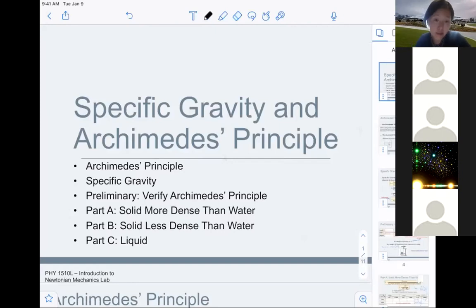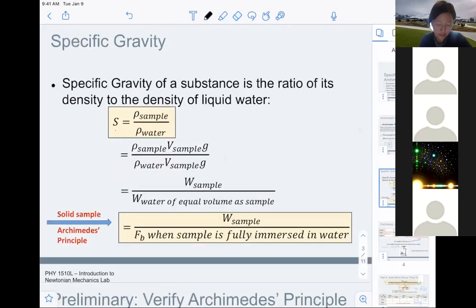So what is specific gravity? Let's start by taking a look at the definition. Simple enough, it is simply a way of talking about the density of an object in comparison to water. So specific gravity is a dimensionless quantity that is the density of the sample divided by the density of the water.